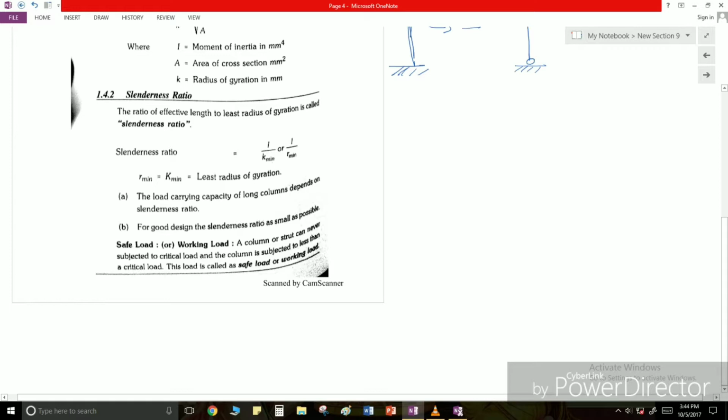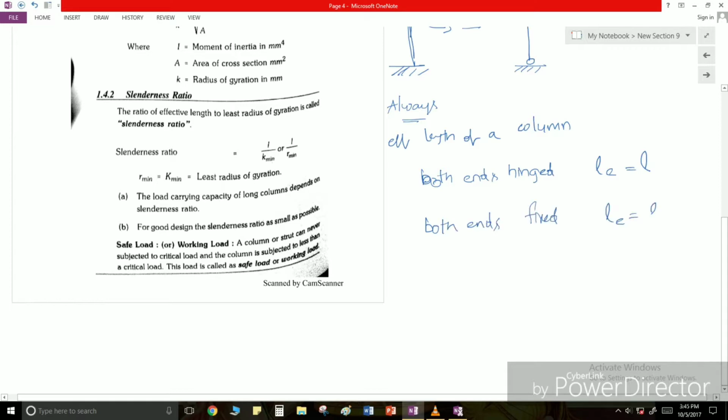But for a column having both ends fixed, the effective length will be L by 2, which means half of the length of the standard column. Now, if a column has one end fixed and the other free, then the effective length is 2L.